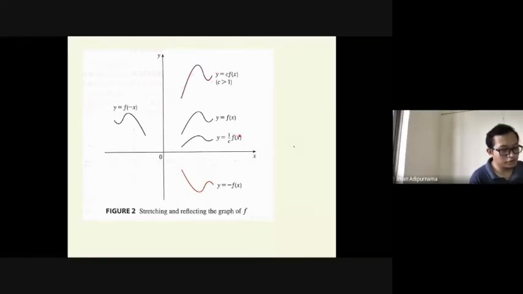Or if you multiply by 1 over a constant, you get this function. And if you reflect the function across the x-axis, you get minus f(x). If you reflect across the y-axis, then it means the x becomes negative x here.